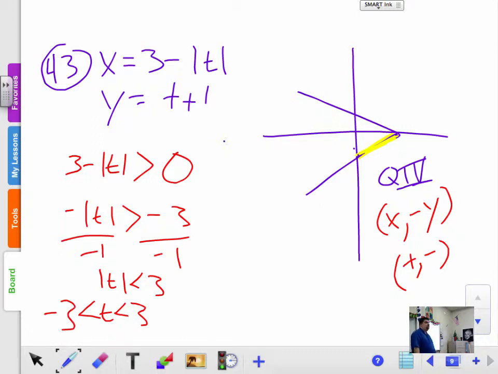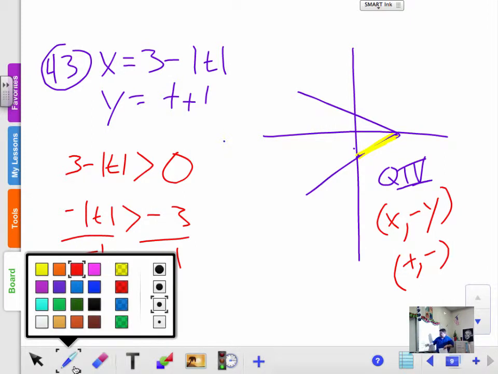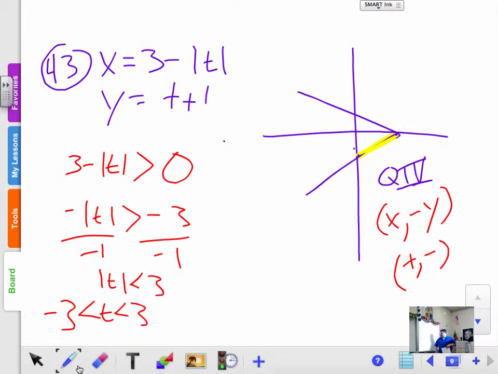Those are the x values. Now, what that is talking about is the x values being greater than 0. And so, in reality, I'm also talking about these x values too. Right? And I'm talking about these x values.